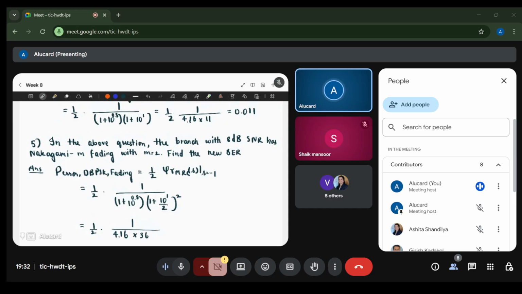So the error probability is actually smaller when you do MRC. This is 0.0033, much smaller.